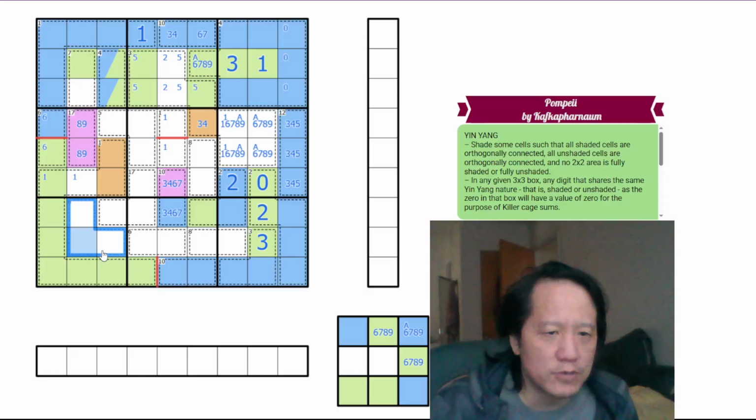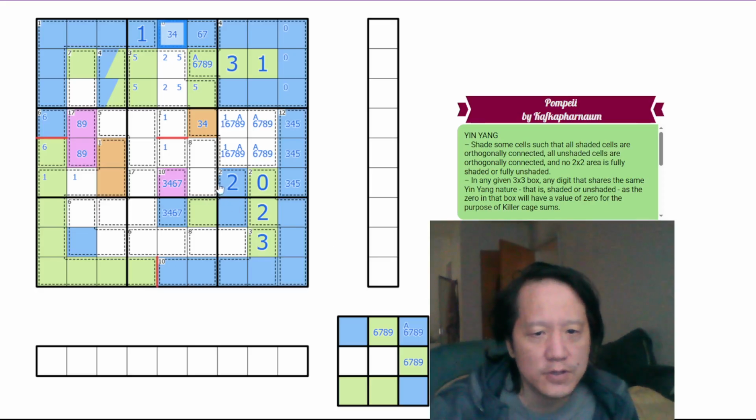Can this be 1, 2, and 3? Eight and 9 cannot be here. They can't be here. This can't be this. Right, so this cannot be 3, 4. So this is the same.